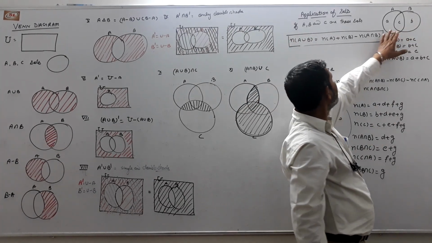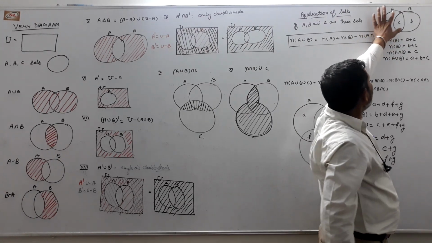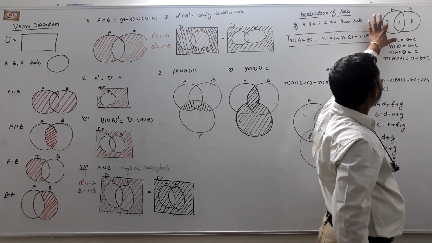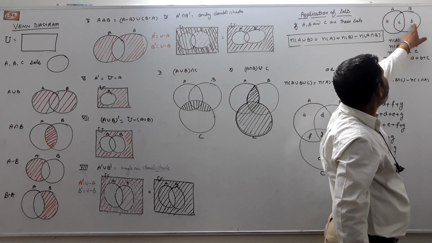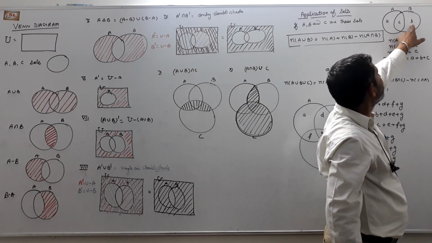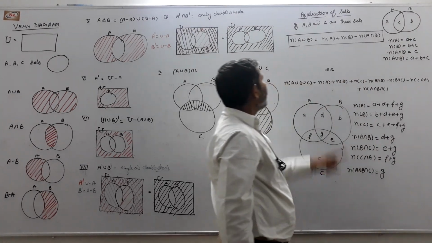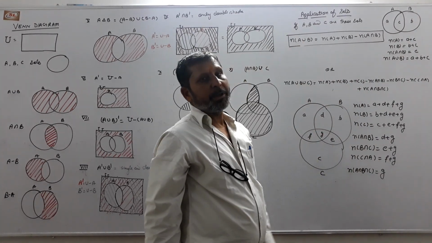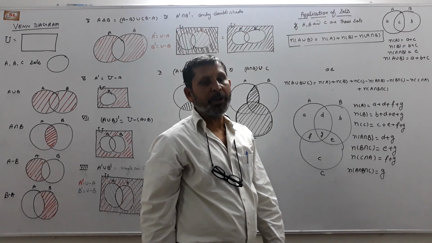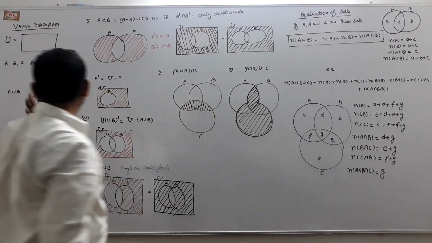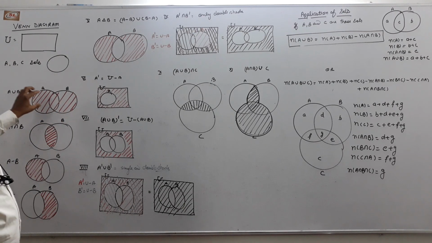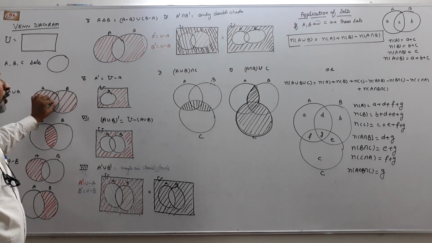We represent this part: only A, containing A, and whole A, containing A plus C. B containing B plus C, only B containing B. Then n(A union B), the number of elements of A union B. A union B always represents the elements. A union B is this part: A, B, and this common part.